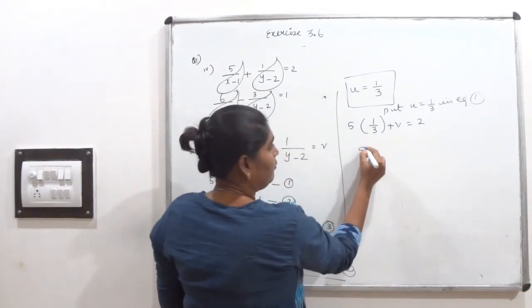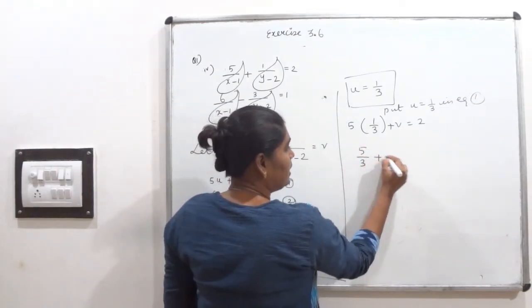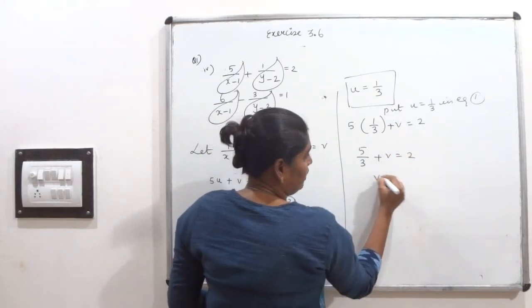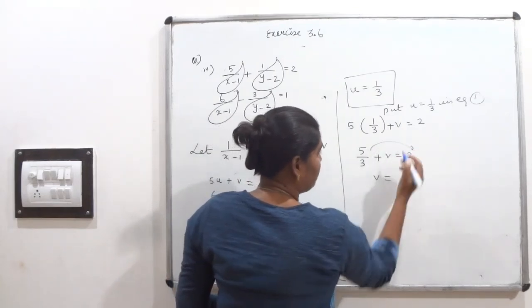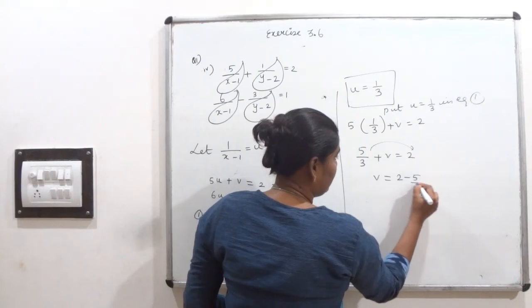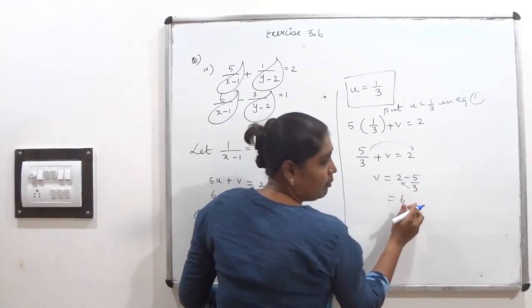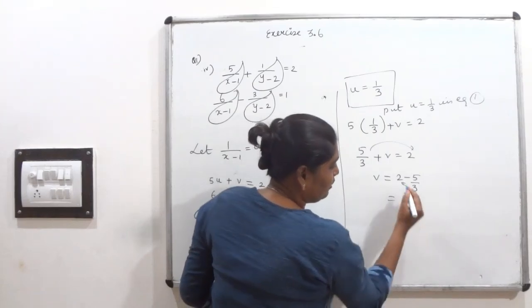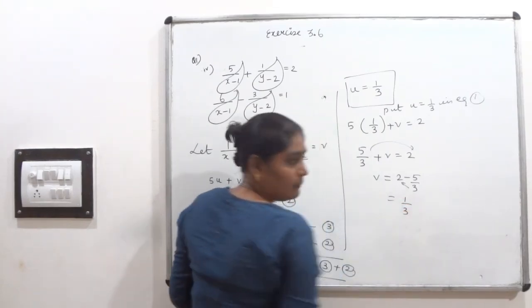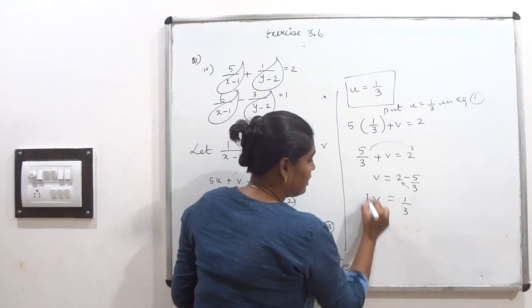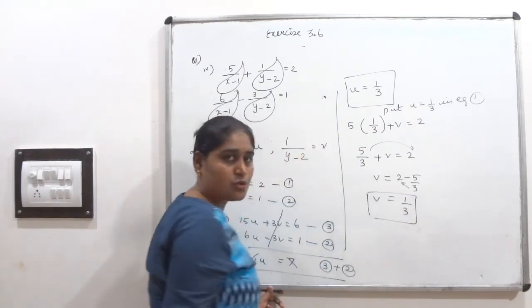So that 5 into 1 by 3, that is 5 by 3 plus v equal to 2. Then v equal to plus 5 by 3 goes aside, minus 5 by 3. Take the LCM here. This is 6 minus 5 upon 3. That directly I can write it 1 by 3. You take the LCM and simplify it. V equal to 1 by 3.